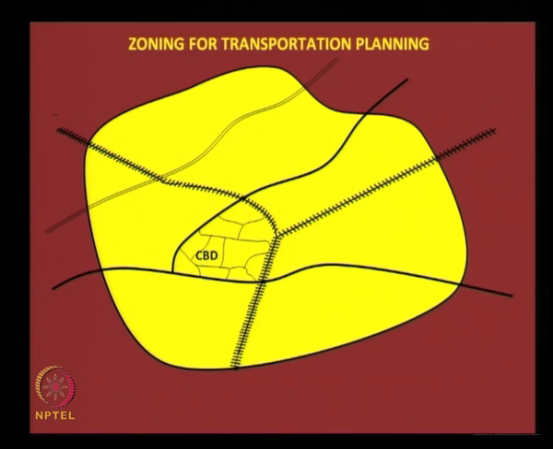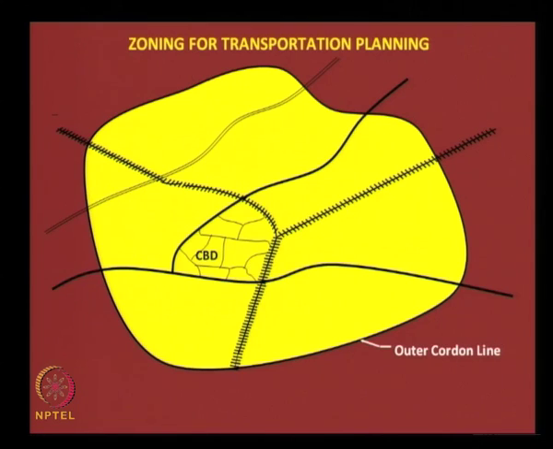Let us see how it is going to really help us. Let us say this is your study area, yellow colored one, planning area considered for the planning purpose. Let us say this is the outer cordon line.